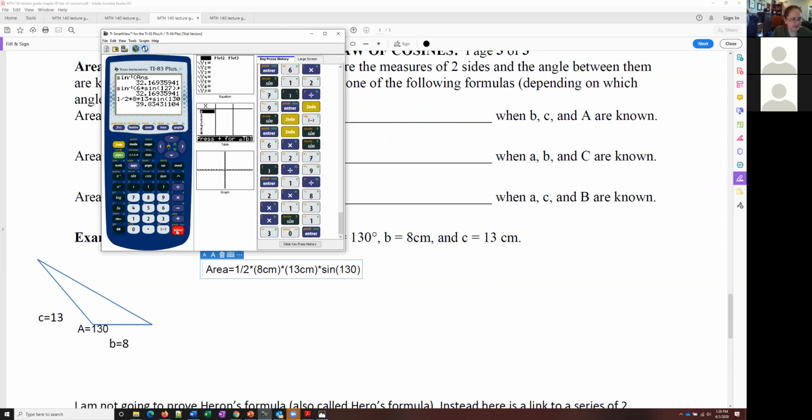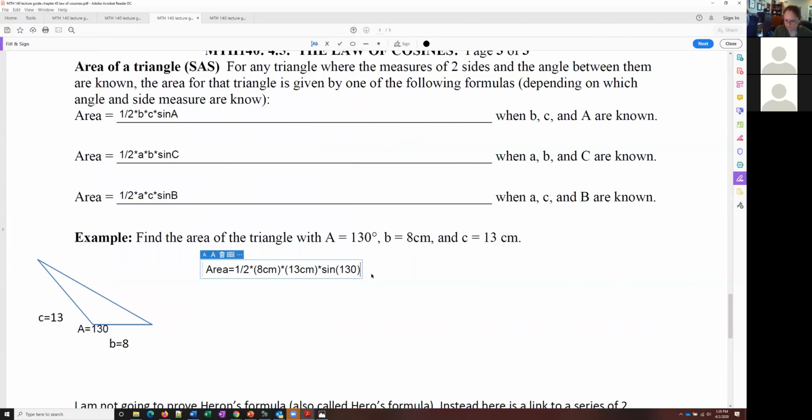And that gives us about 39.83. Okay, so that was finding the area when we know two sides and an angle.